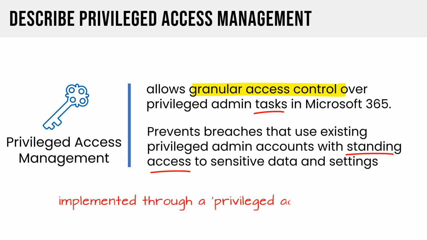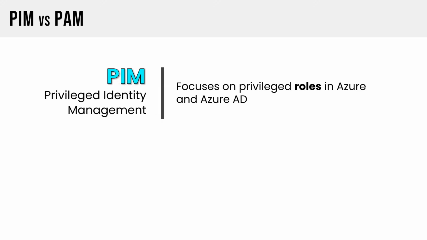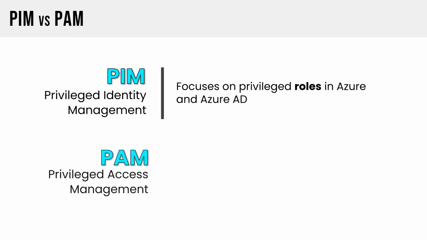It's implemented through a privileged access policy, and you'll do that in the Microsoft 365 Compliance Center. So I just want to juxtapose or compare PIM versus PAM to make sure you have this locked and loaded for the exam. Privileged identity management is a feature in Azure AD, but we can leverage it across our roles in Azure and Azure AD.